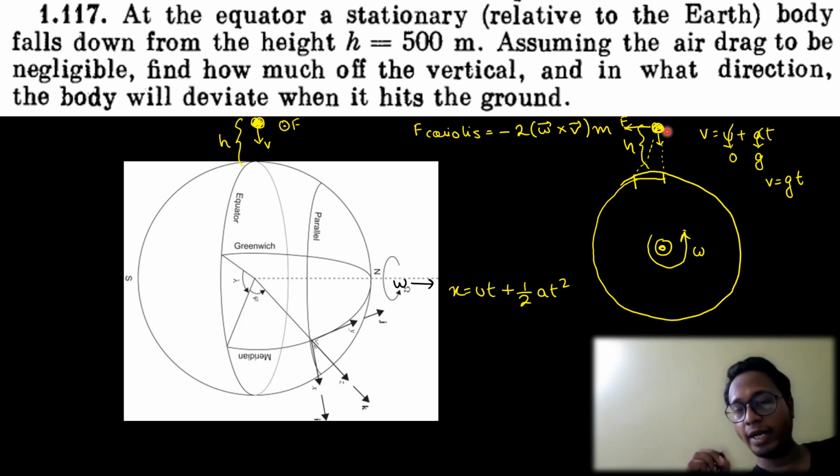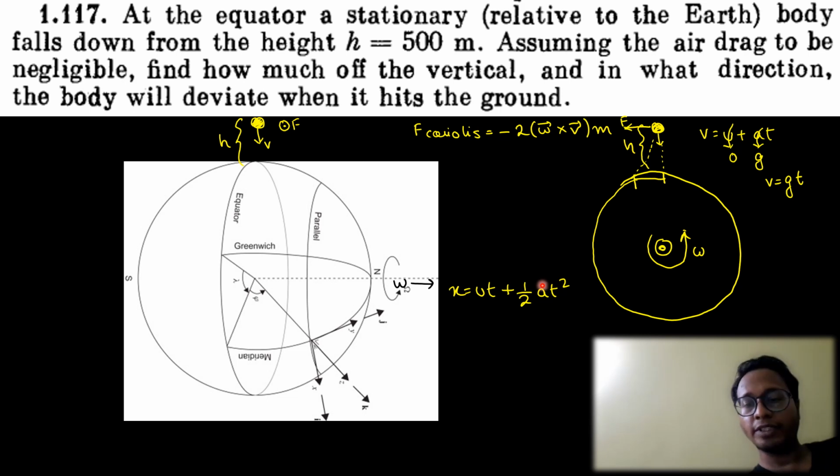Now one thing we're taking advantage of is that the time taken to fall due to gravity is equals to the time for the deviation caused due to Coriolis force. Understood? The time taken to fall due to gravitational force is the time taken for the deviation.